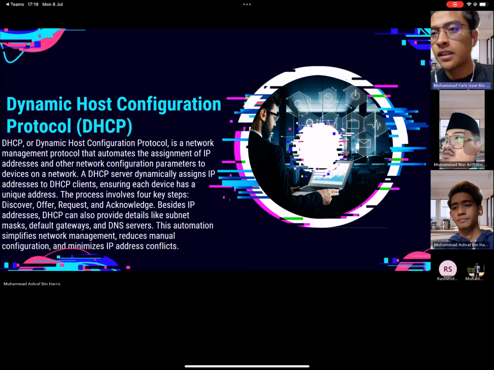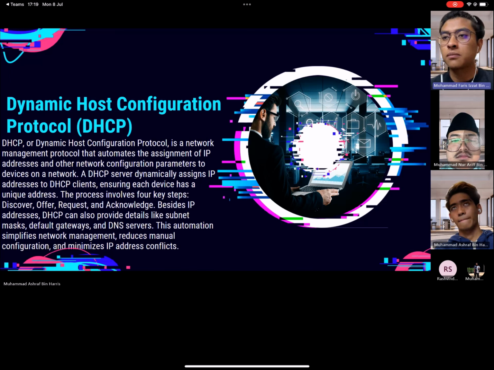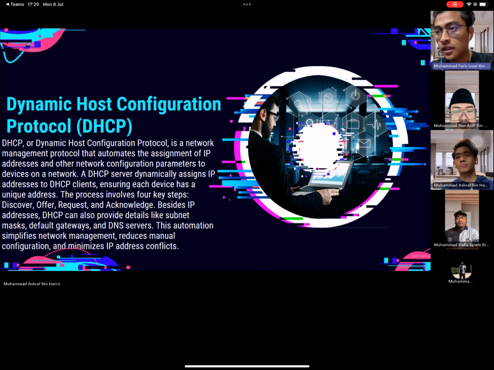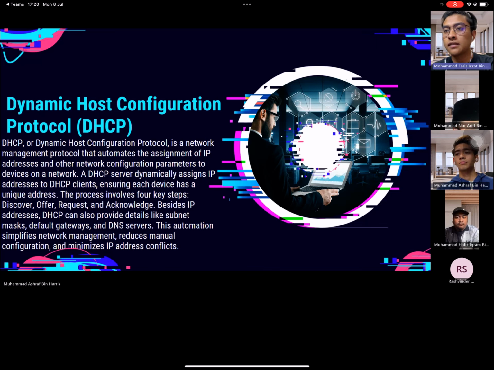Okay, now I'll explain about the Dynamic Host Configuration Protocol, DHCP. DHCP is a network management protocol that automates the assignment of IP addresses and other network configuration parameters to devices on a network. A DHCP server dynamically assigns IP addresses to DHCP clients, ensuring each device has a unique address.